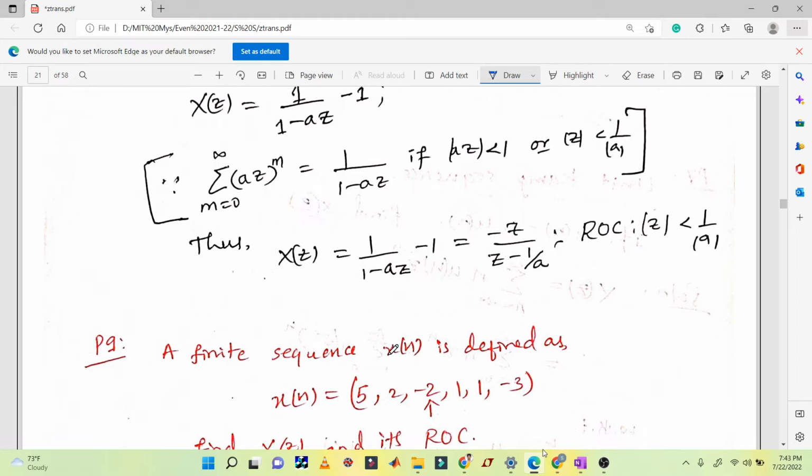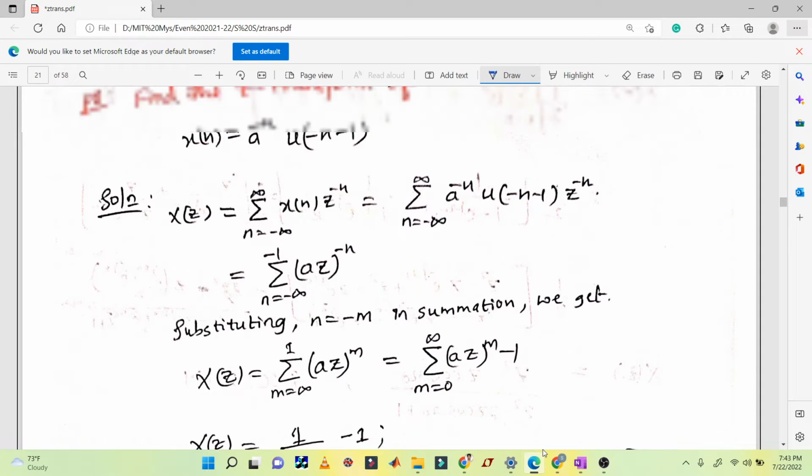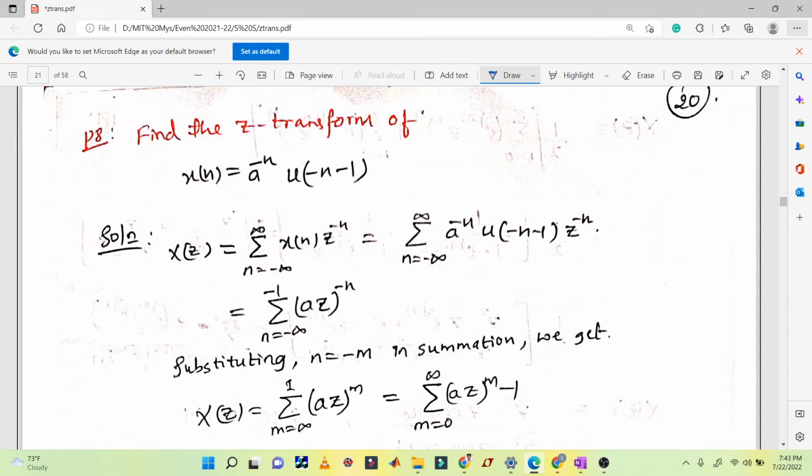Okay, let us try to solve this one. Already solved, but we have encountered a to the power minus n for the first time.